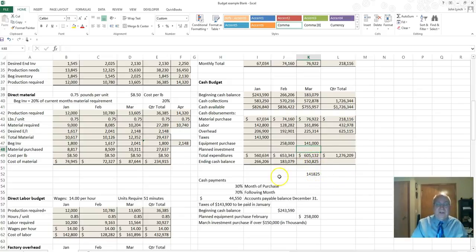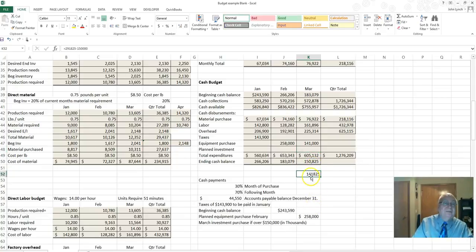That's a little calculation because it states in here that if we want a March investment, anything over 150,000 has to be given in thousands. So 150,000, because with that we had 291,825 to start with. We want 150,000 minimum balance, so we can invest 141,000.